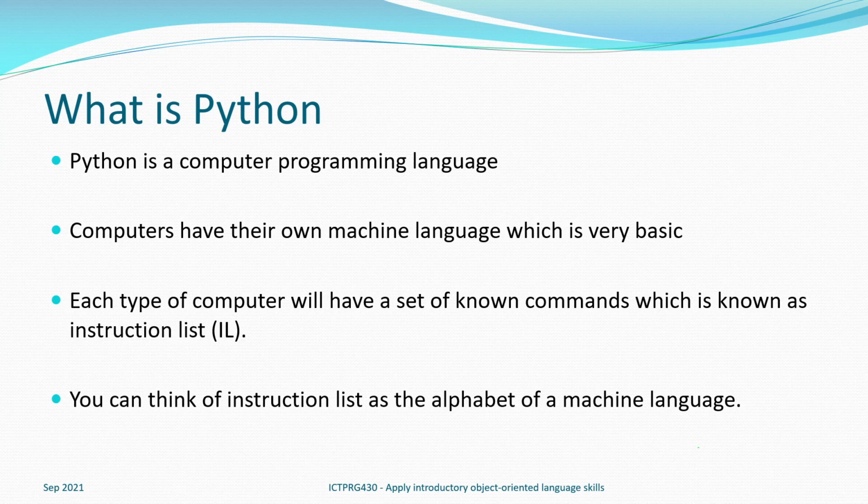So, we'll be looking at Python in this series, and we need something to interface with the computers. Okay, computers use a machine language, and Python, if you like, is an intermediate that allows us to translate what we want into machine language that the computers will understand. Now, each of these languages will have a set of commands, which are also known as instruction lists, which is the equivalent to the alphabet within the machine language.